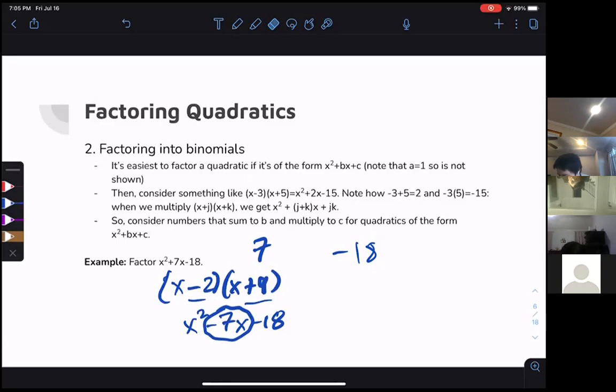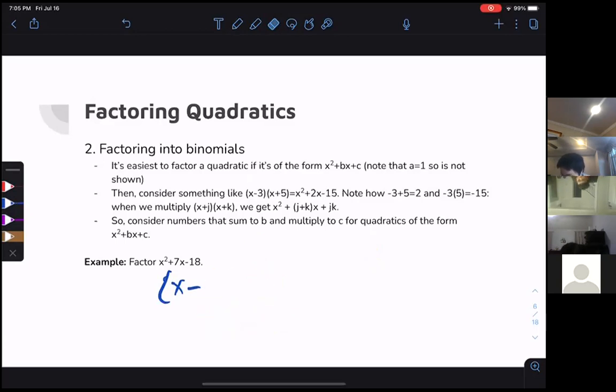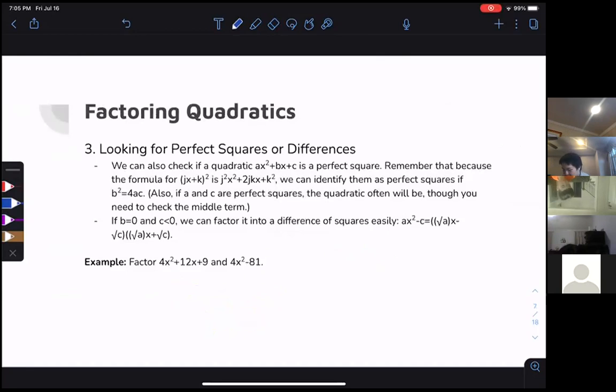And that's just the basic example of factoring quadratics. Now moving on to more. We can also look for perfect squares or perfect differences in some special polynomials or quadratics that we factor. Remember that the formula for (jx + k) squared is j squared x squared plus 2jkx plus k squared.